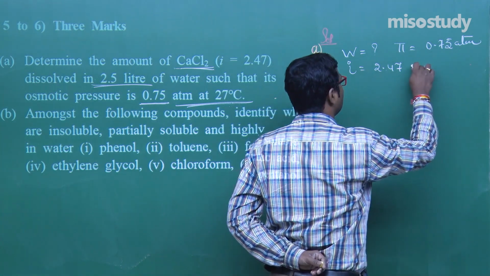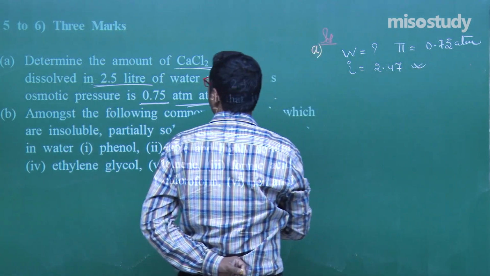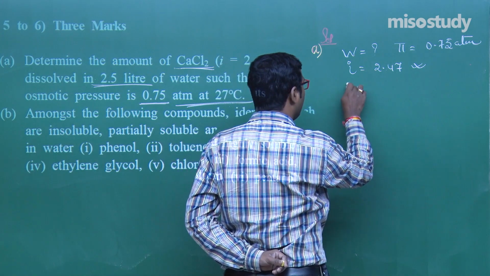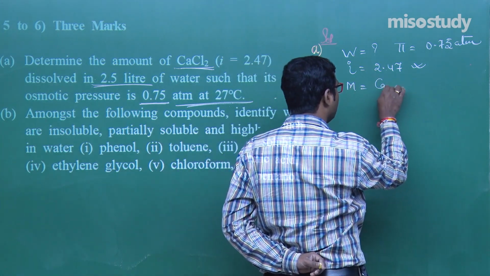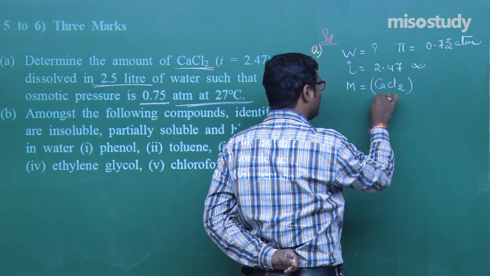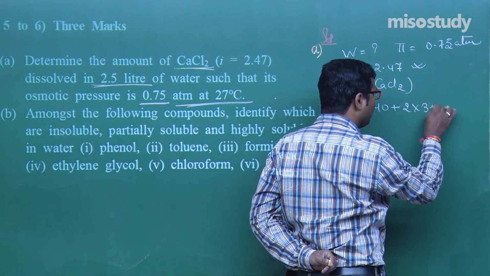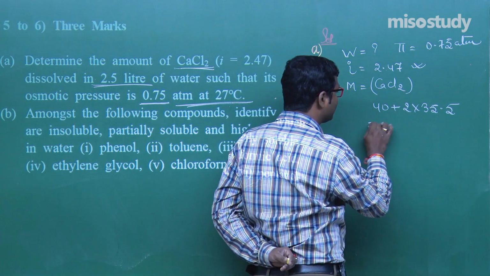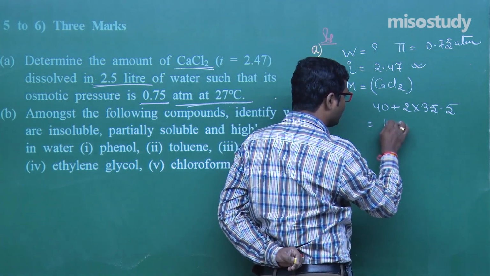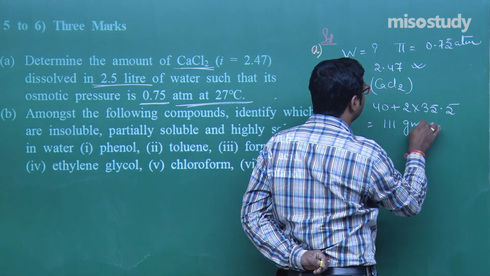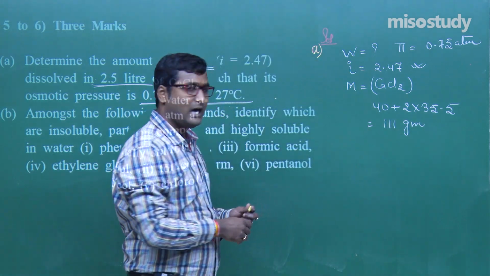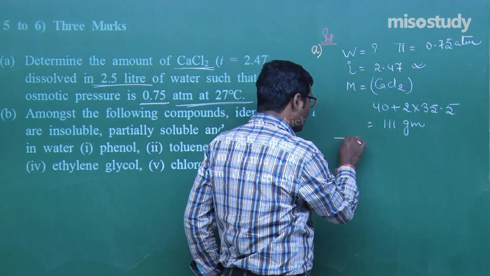Clear? Now we know the molar mass of CaCl2: 40 plus 2 into 35.5, that is 71 plus 40, that is 111 gram.